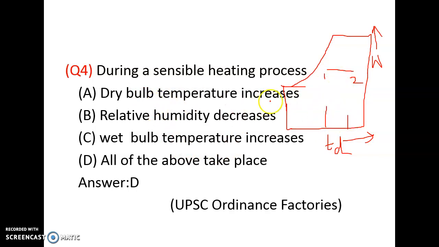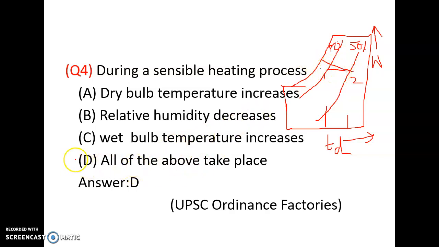Relative humidity lines, for example, are 80% here and it may be 50% here, so relative humidity decreases. These lines are wet bulb temperature lines, so the wet bulb temperature increases.